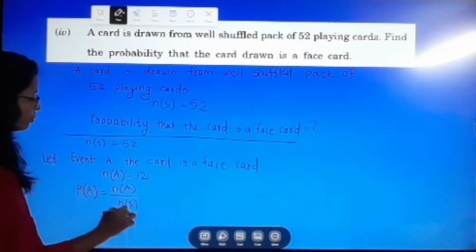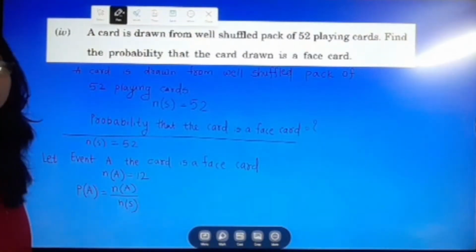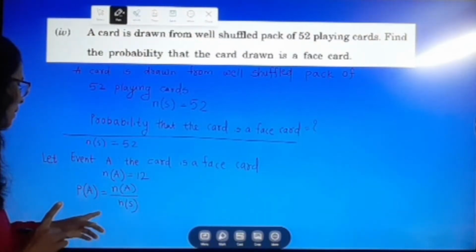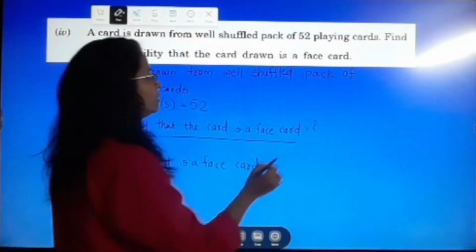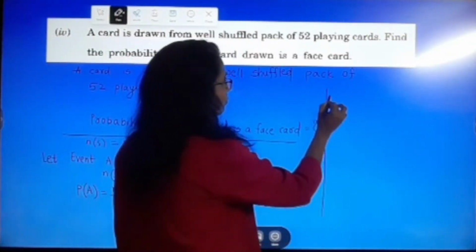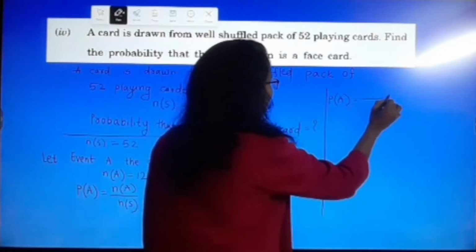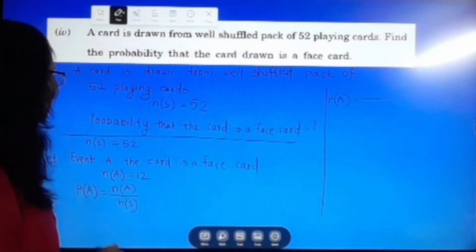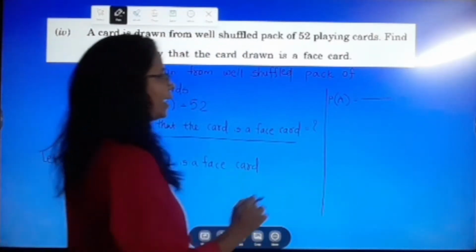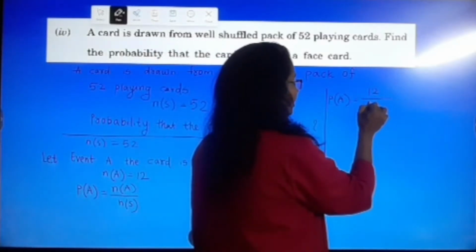Okay, हा फॉर्म्युला सुद्धा लक्षात ठेवायचा आहे स्टुडंट्स. P of A is equal to n of A upon n of S. So here P of A is equal to that n of A is 12. Okay, and the n of S is the 52.